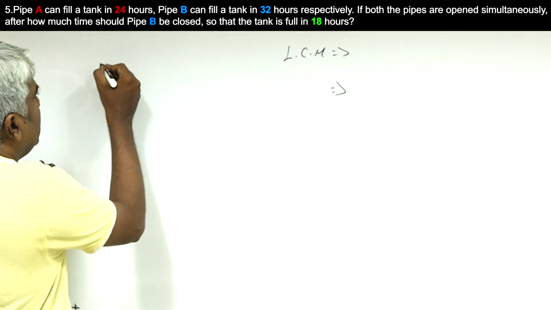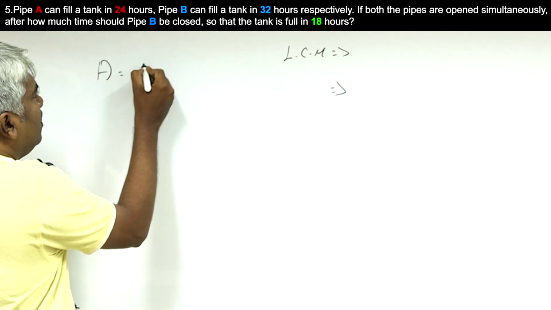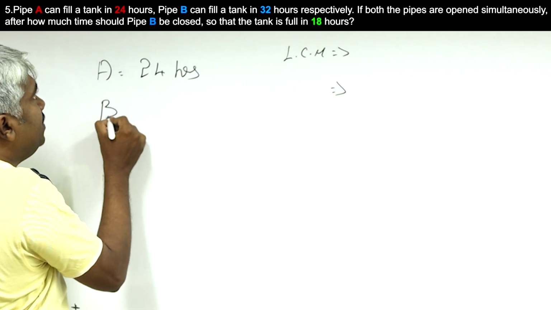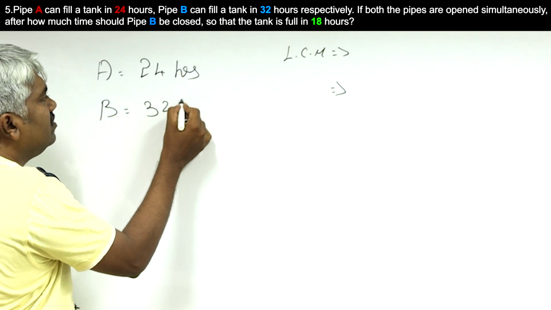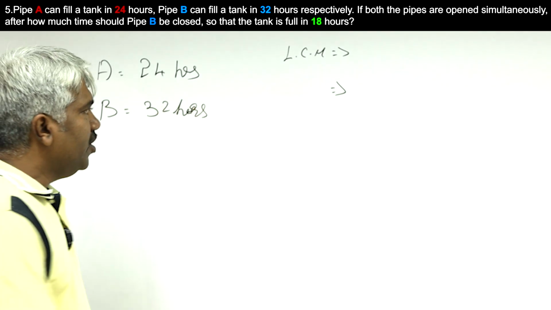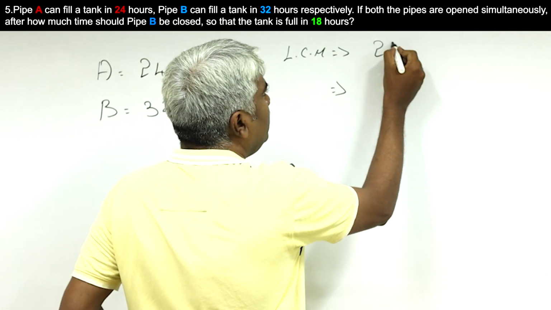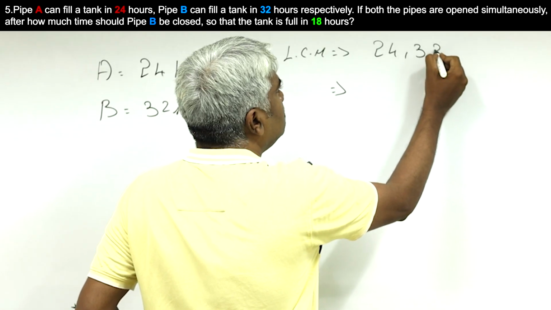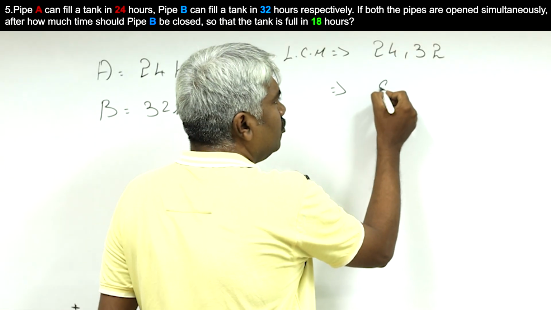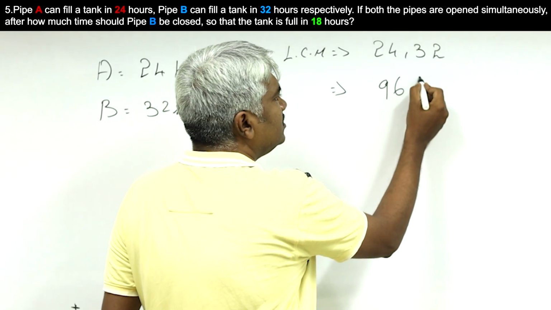So, pipe A can fill the tank in 24 hours. Pipe B can fill the tank in 32 hours, right? Now, we are going to find the LCM of 24 and 32. What is the LCM of 24 and 32? Which is 96.